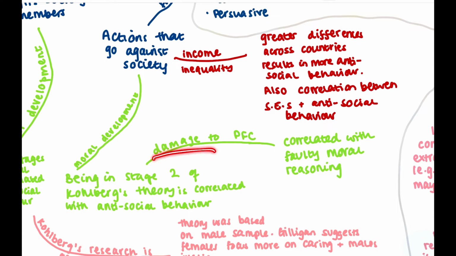Now, people with damage to their prefrontal cortex are more likely to show faulty moral reasoning. So this suggests that if the prefrontal cortex particularly is damaged, then you're less likely to show pro-social behaviour because it's linked with faulty moral reasoning.